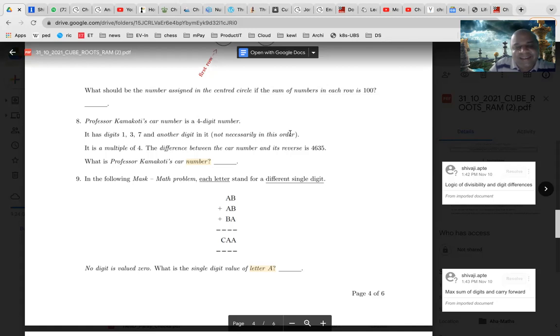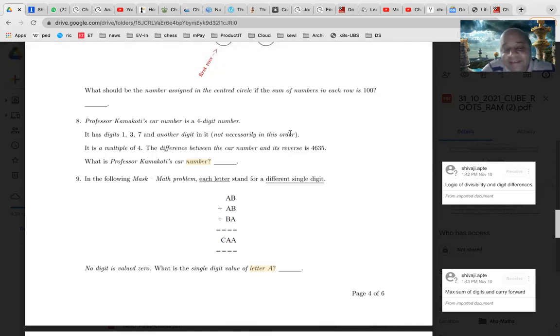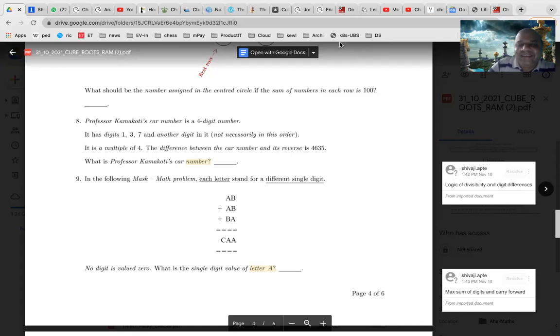Sir, 8, sir. Yeah, so the last digit, first of all, can it be 1? No, sir. No, because it will not be divisible by 4. Last digit, can it be 3? No. Last digit, can it be 7?